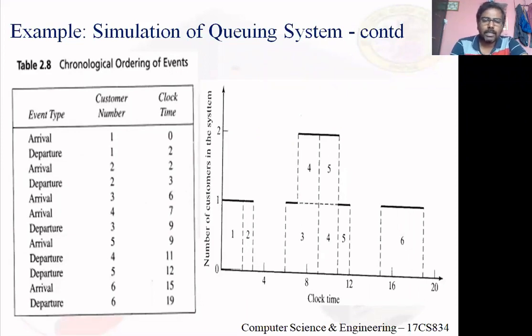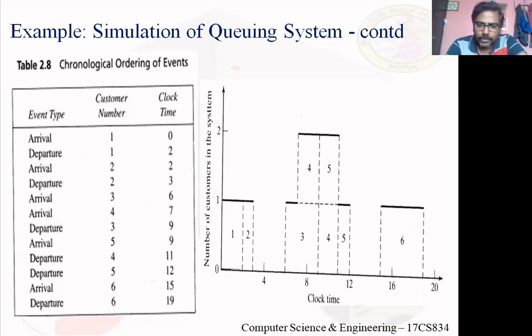But at time 2, when the clock ticks to 2, customer 1 will depart. In the graph, within the plane, you're seeing numbers 1, 2, 3, 4, 5, 6. They are the customer numbers. Who were the customers in the bank? I'll tell you one. At time 0, customer 1 arrives. Until time 2, customer 1 is in the bank, right?